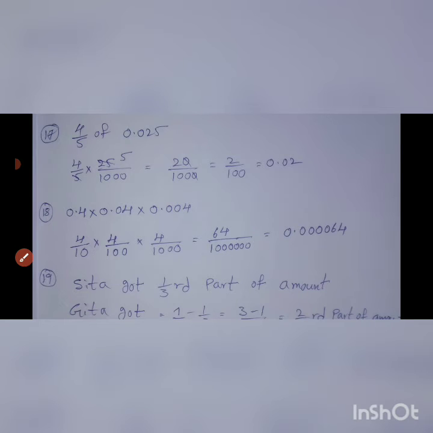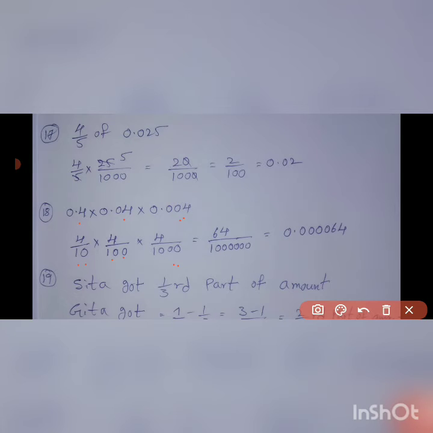Next question. Find the product of 0.4 into 0.04 into 0.004. Here also I am converting all the decimal numbers into decimal fractions first. 4 by 10, 4 by 100, 4 by 1000. Here the decimal point is after 1 digit, after 2 digits, after 3 digits. That's why 1 zero, 2 zeros, 3 zeros followed by 1.